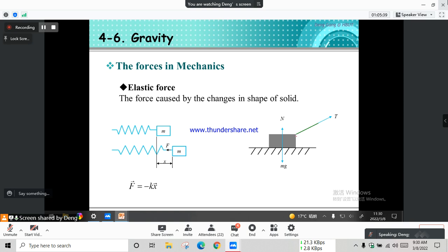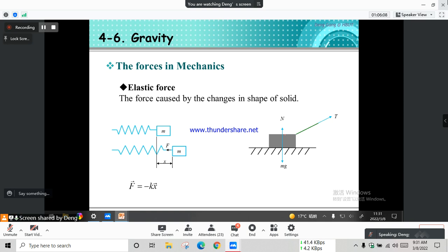If you use a rope to drag this block, the tension in the rope is a kind of elastic force. Because you pull the rope, it wants to be longer, but it will go back to its original length. So that's why the tension appears.